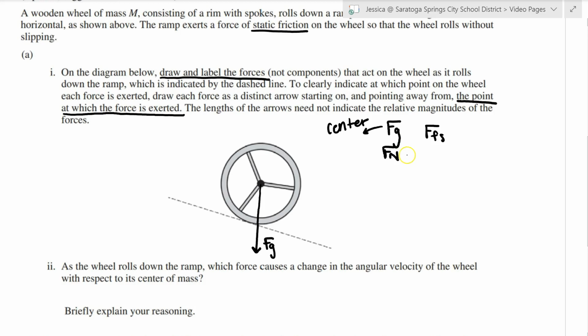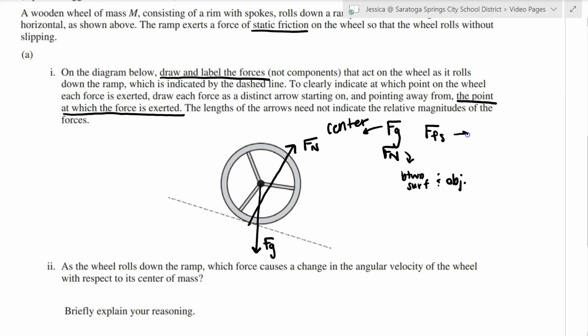The normal force is a force between the surface and object, so that means my normal force should start at the surface. Now remember, normal force means perpendicular to. So my normal force should start at the surface here and move upwards like that, perpendicular to the surface.